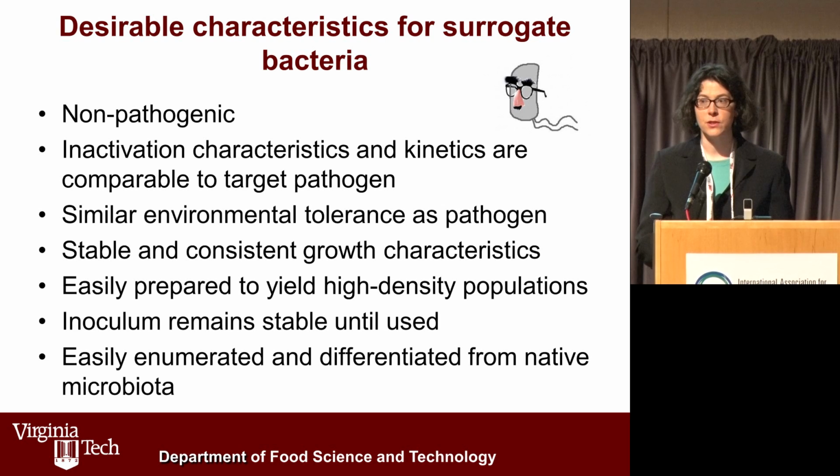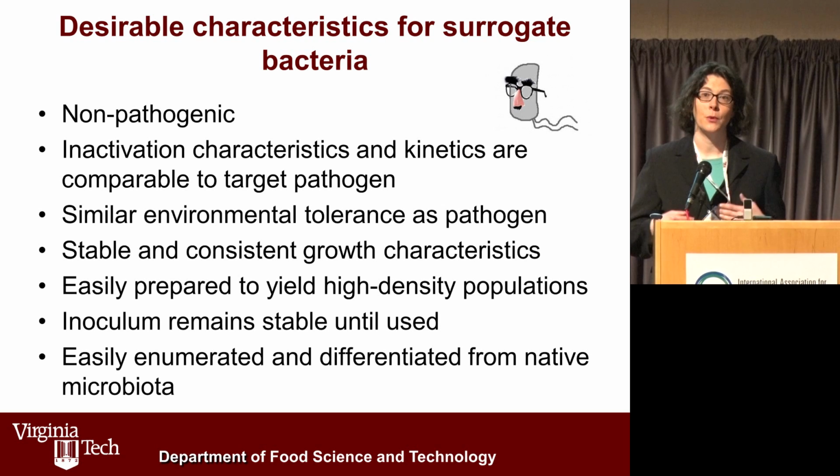So that leads to having very standardized protocols in place. They should be easily prepared to yield high density populations. That is controversial, as Dr. Schaffner just alluded to, but typically as microbiologists, if you want to achieve a 5-log reduction, you're trying to inoculate to 7 logs at least in order to have some safety with your limit of detection.